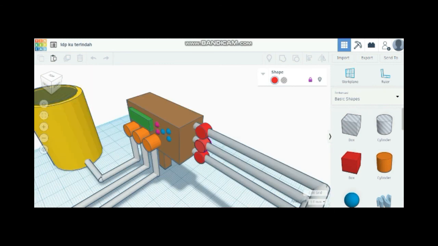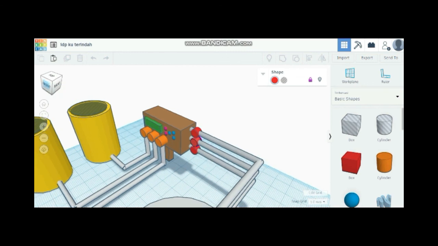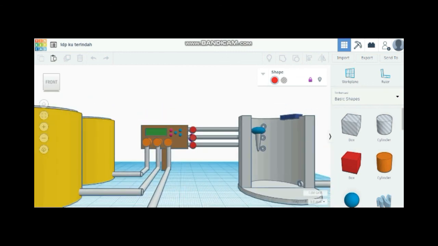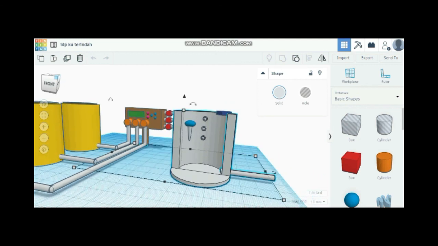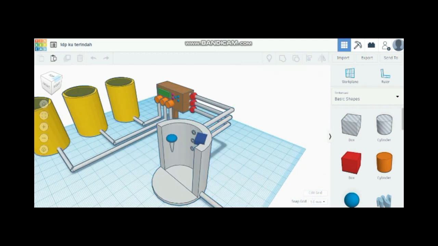Next, the water and fertilizer will be transferred to the main tank. This tank contains a few sensors, which are the EC sensor and the ultrasonic sensor. The EC sensor will be used to measure the concentration of the fertilizer and water in the main tank before use for the plant.